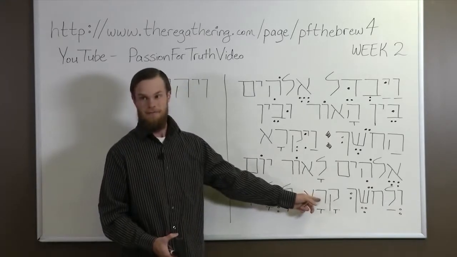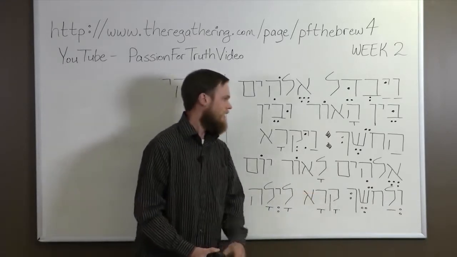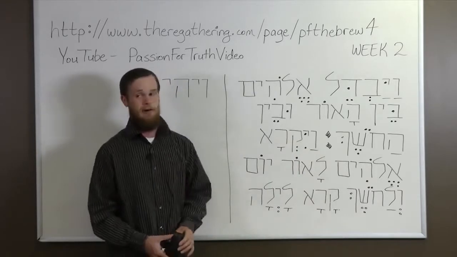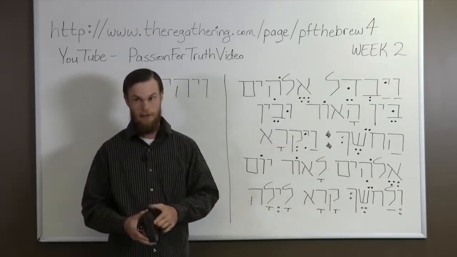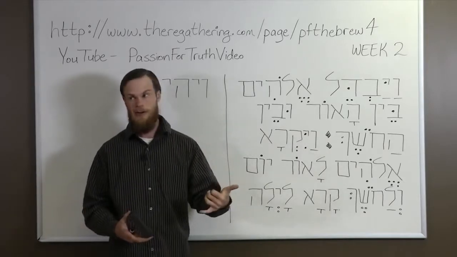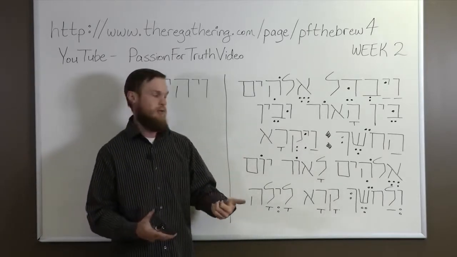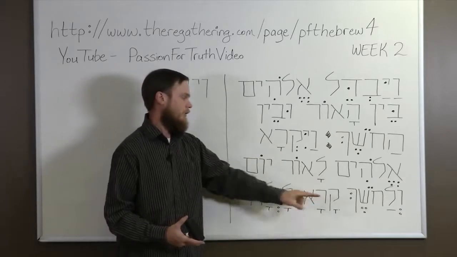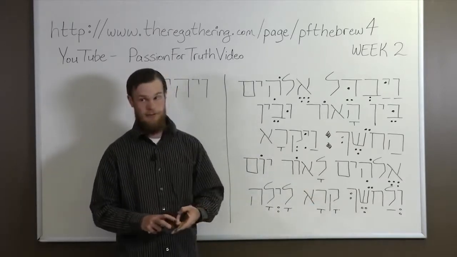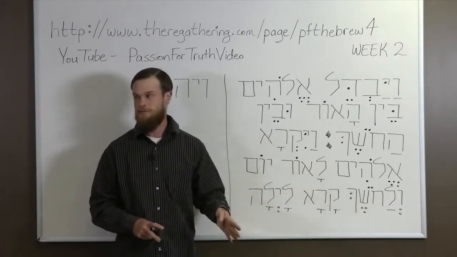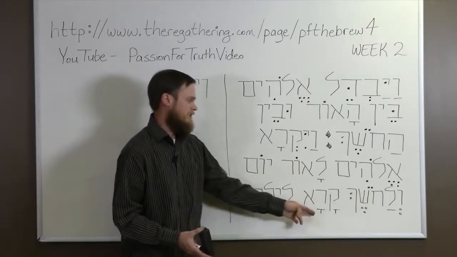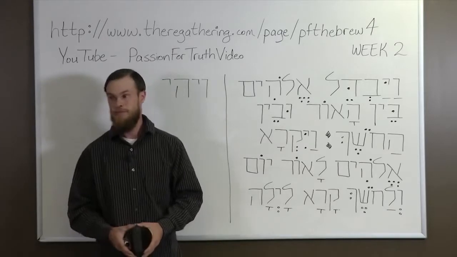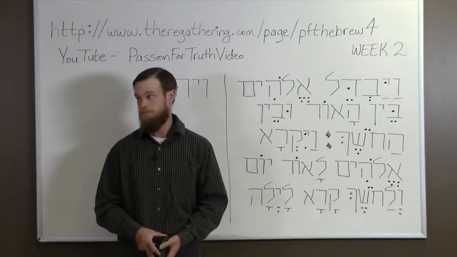qara. All right, this is vayiqra, and he called, because it is the third person, masculine, singular, future tense, flipped by the vav. So it changes from he will call to he called. Qara is the third person, masculine, singular, past tense, with no flipping. Okay? So it means the same thing as vayiqra, except there's no and in front of it.